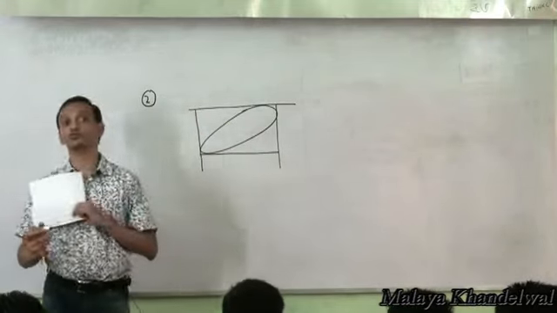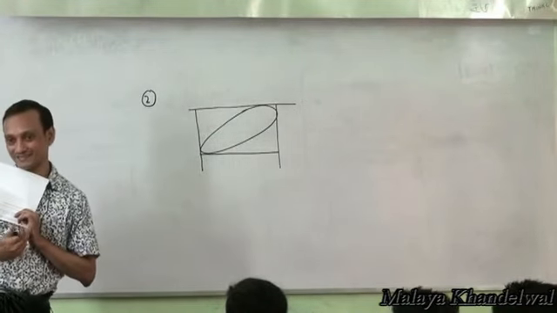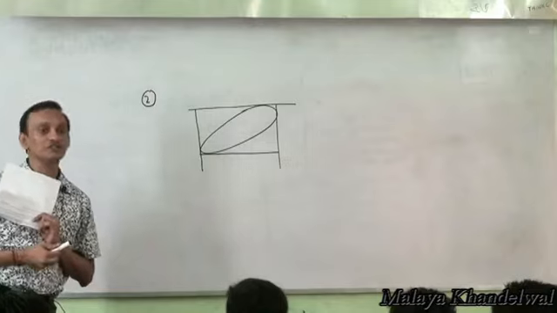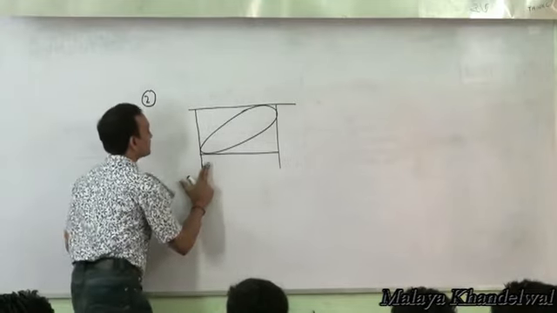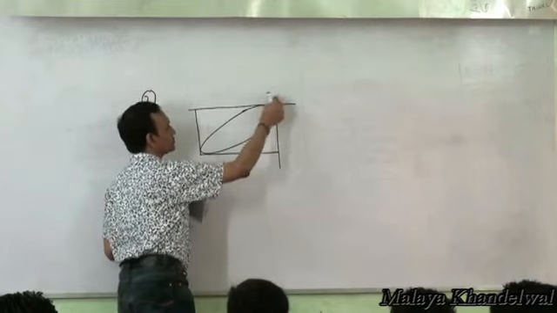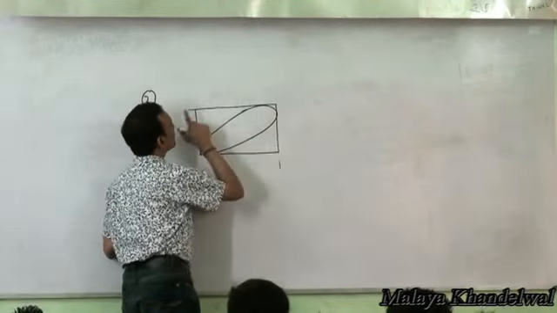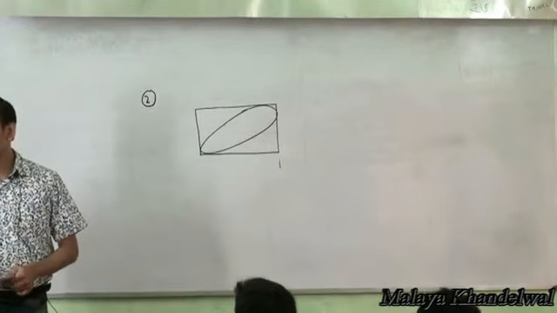Deliberately I am doing this so that you don't assume that the sides of the rectangle are parallel to the major and the minor axis, which would be your first temptation. You would be tempted to believe that this is the ellipse x squared by a squared plus y squared by b squared equal to 1, and there can be a rectangle circumscribing the ellipse whose sides are not parallel to the major and the minor axis of the ellipse, right?